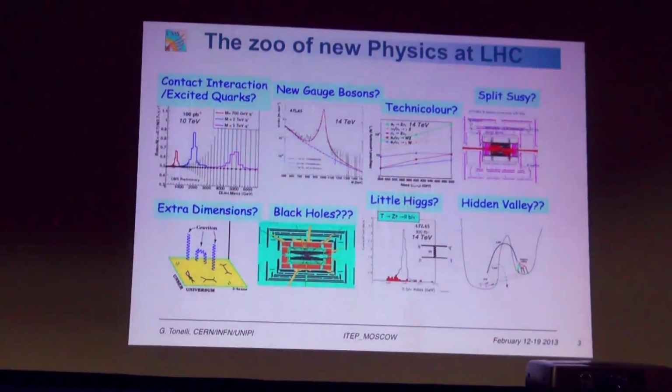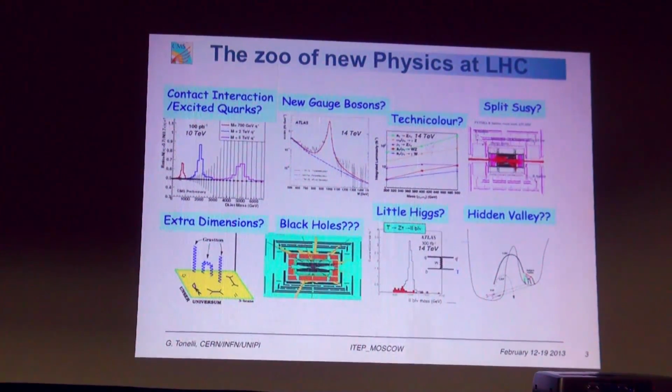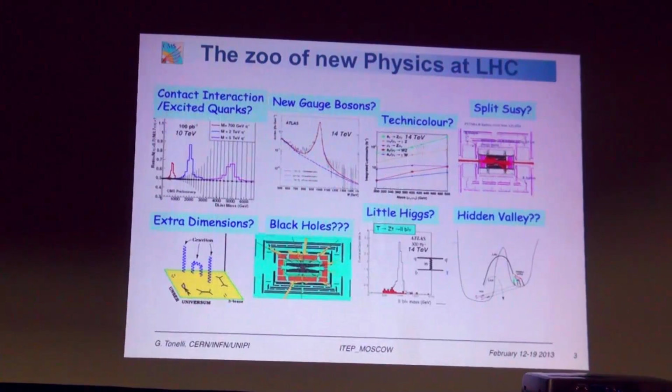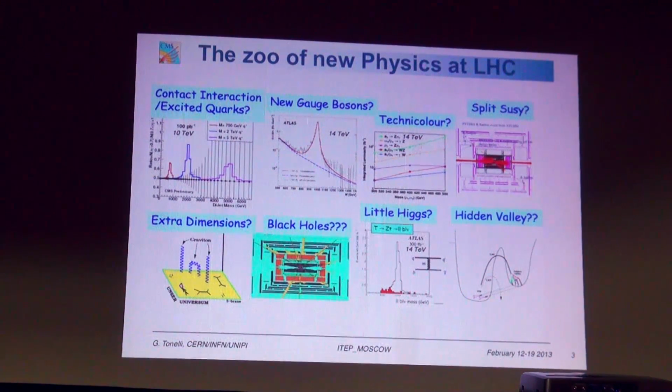So there is an entire zoology of new physics at the LHC. The LHC is a machine that is coming maybe 20 years after the previous machine. So the theorists had, at the time, what I call a playground.